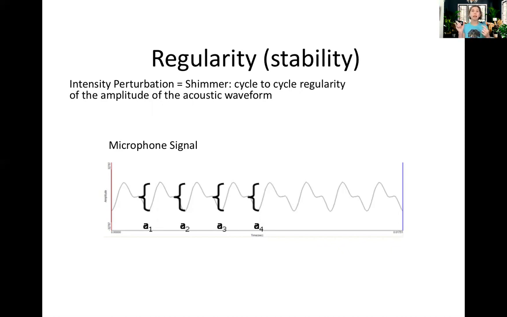So shimmer is essentially, if we can keep a stable intensity level, there we go. That is shimmer when we have this variability in that sound pressure level, that intensity of what somebody is producing.